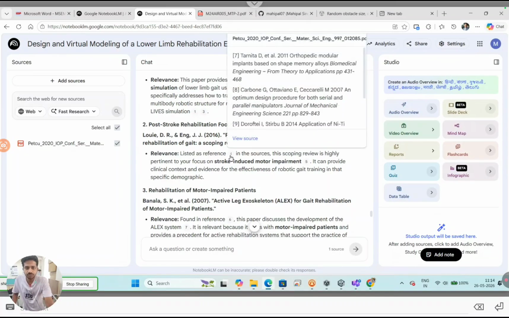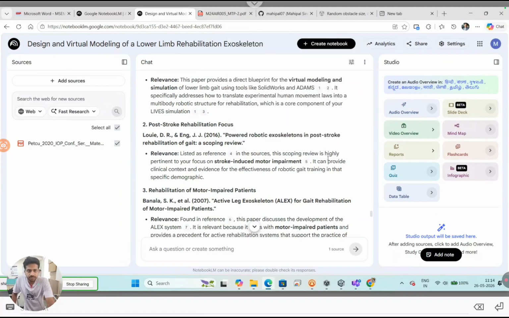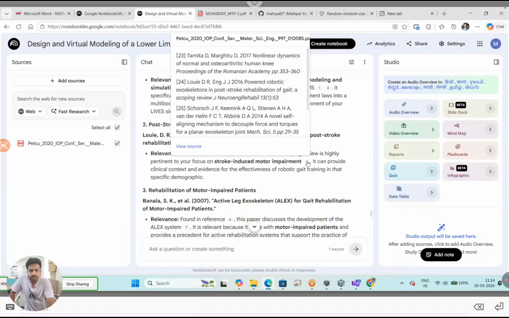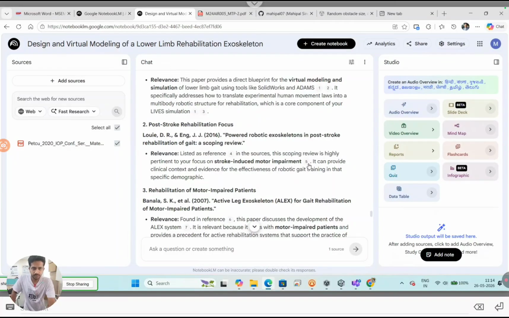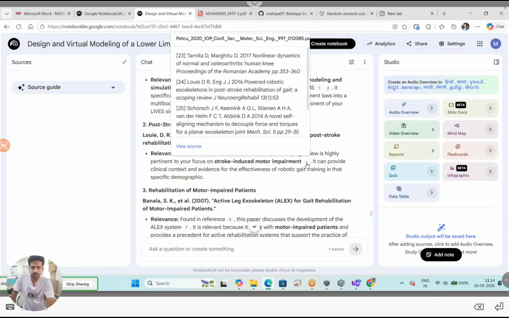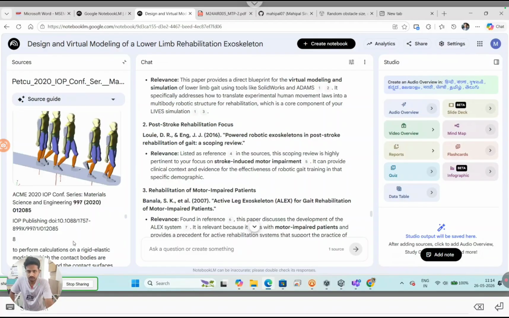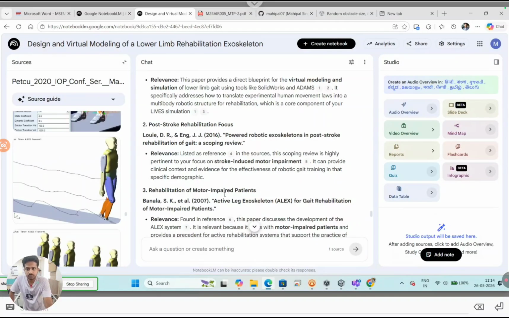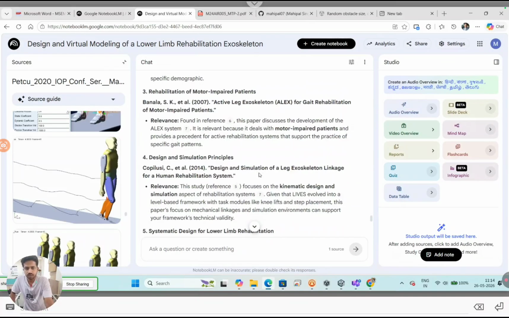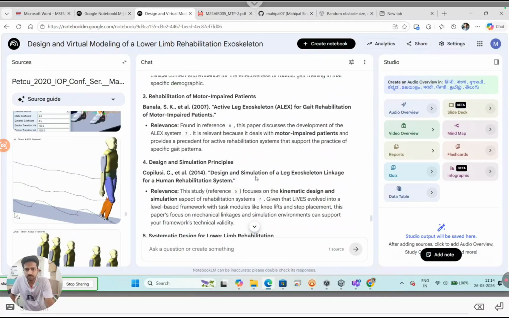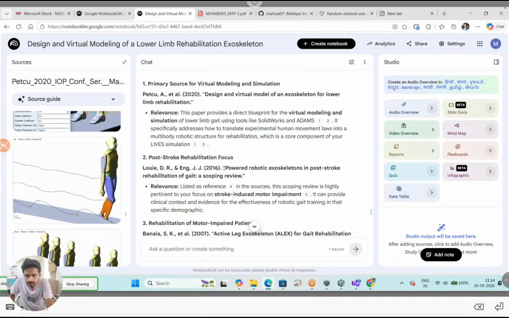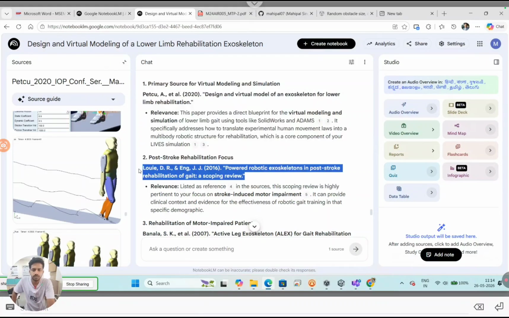Okay, so going to read this. What I can do is just click here and search it out on the web.